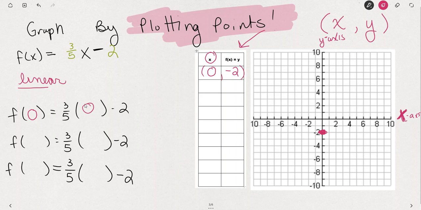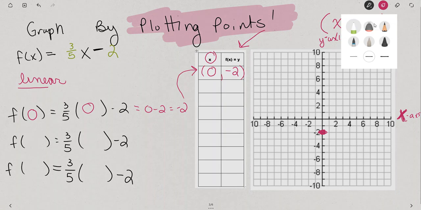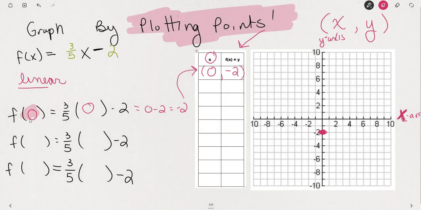So see what value I get. 3/5 times 0 is 0. 0 minus 2 is -2. And that's where I get the -2 in the y column. So what I have here is that when x is 0, y, or f of x, is -2.